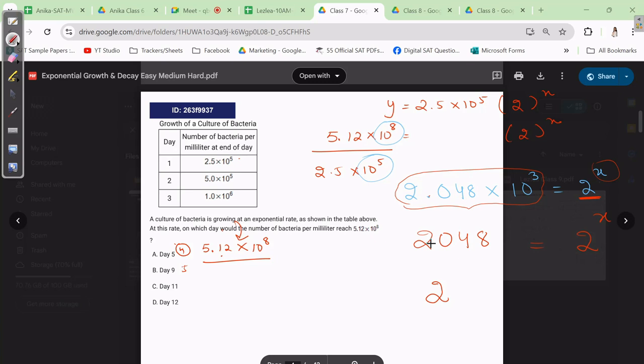I think so. Yes, you can. So here you can try to use your calculator. Try to plug in random numbers.